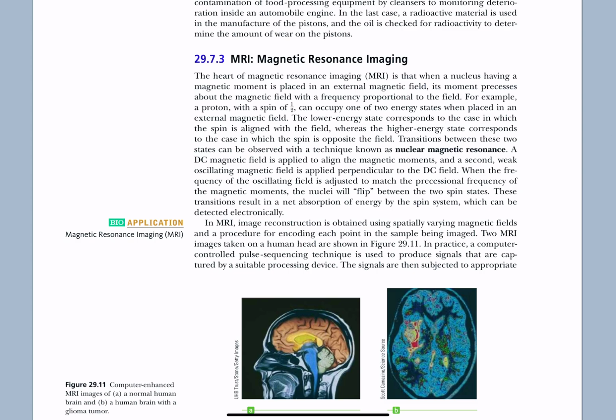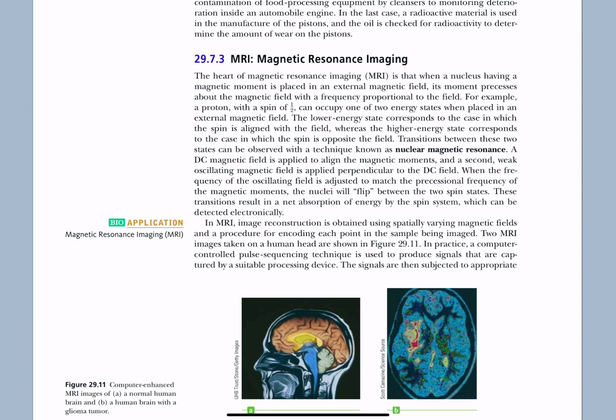Here's another example: magnetic resonance imaging, a very common practice now. When it was first introduced and was called nuclear magnetic resonance imaging, lots of people did not want to get this done because of the word nuclear. So they literally just took off the nuclear part on the signs, and everybody is very comfortable with getting magnetic resonance imaging, which is all about these nuclei flipping between two different spin states under the influence of super strong magnets.